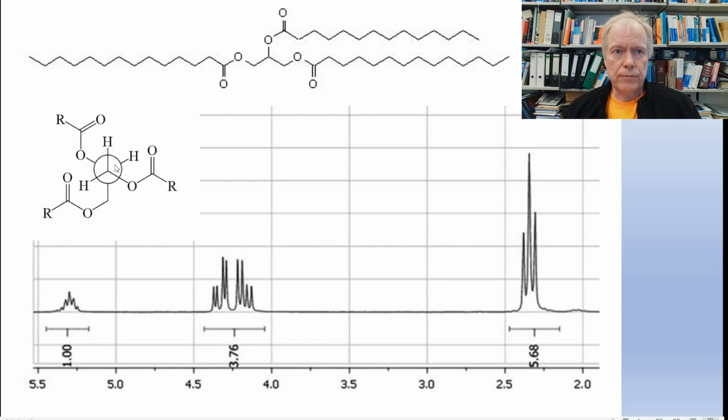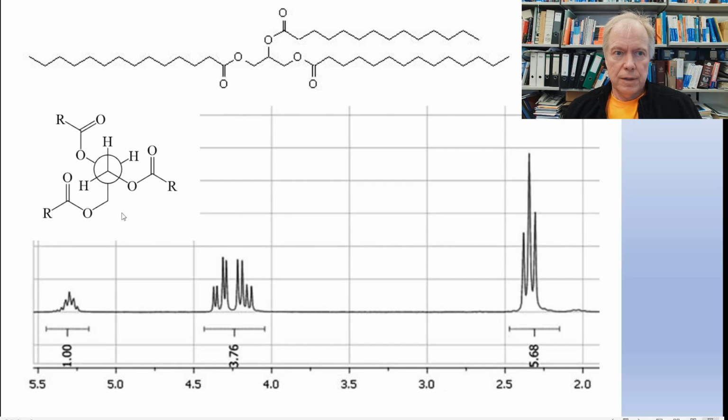So, those two hydrogens have different chemical shifts. Here is one chemical shift located somewhere here and the other one here. Then they are coupling with each other. We have this roof effect here from here and there.